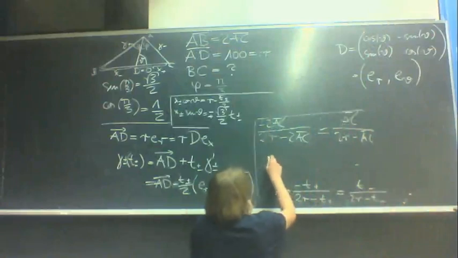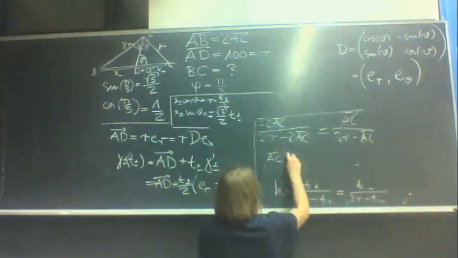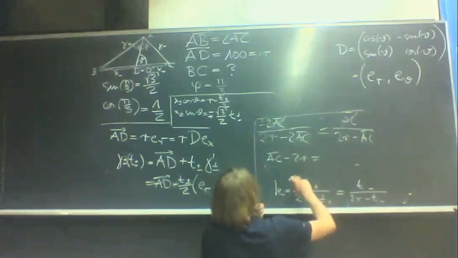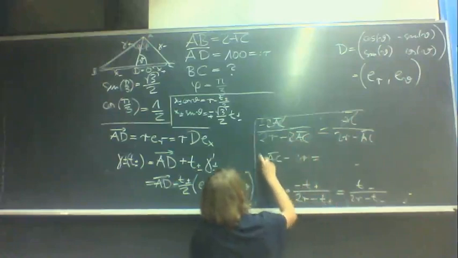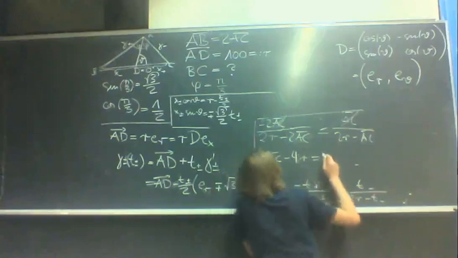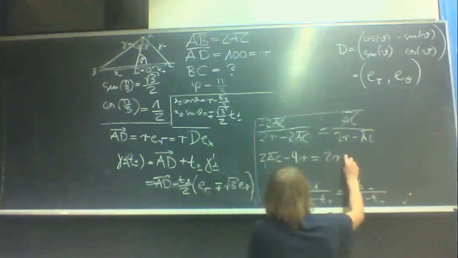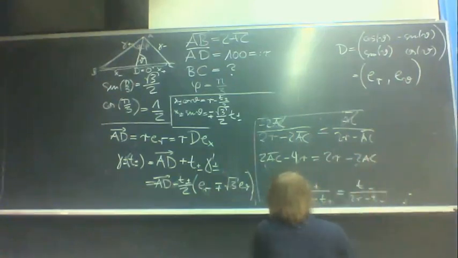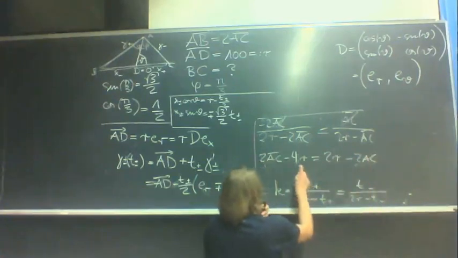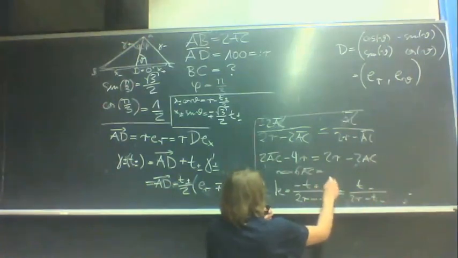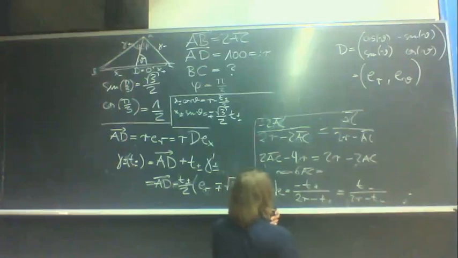So now we know that AC minus 2r is, or no, that's wrong. 2 times AC minus 4 times r is equal to 2 times r minus 2 times AC. And now we know that 6 times AC is equal to, there's something wrong.